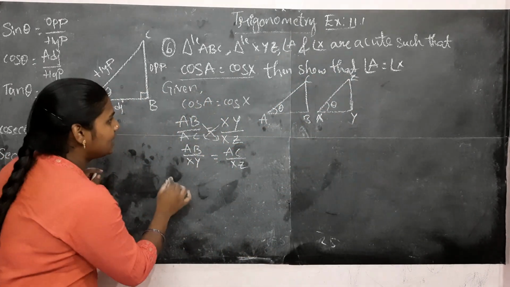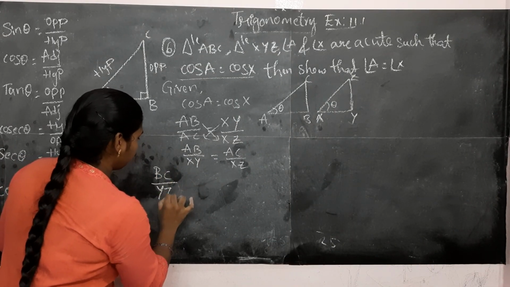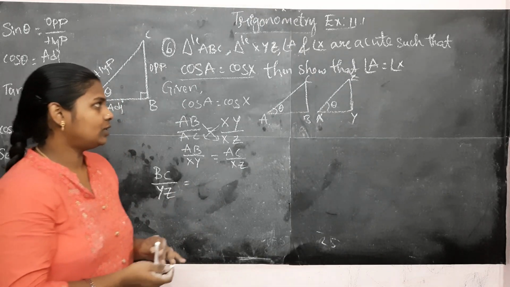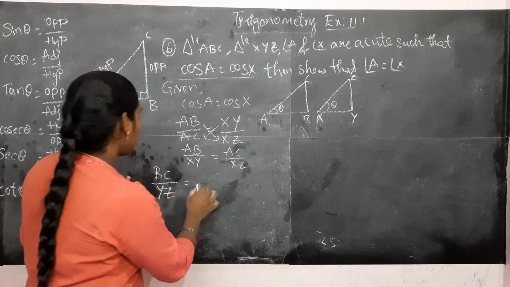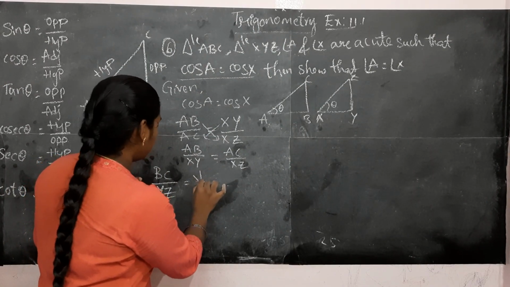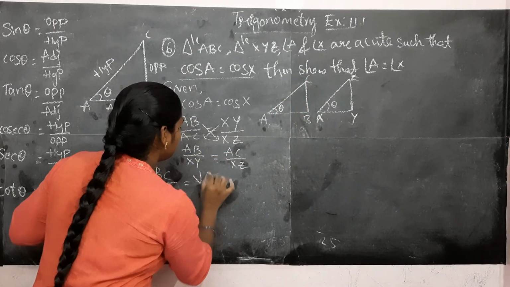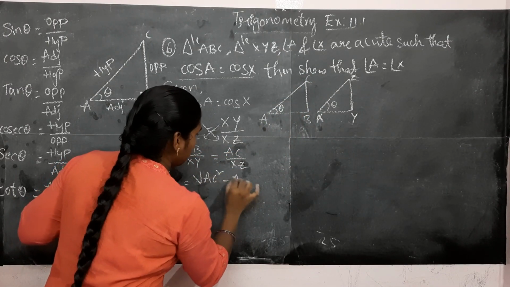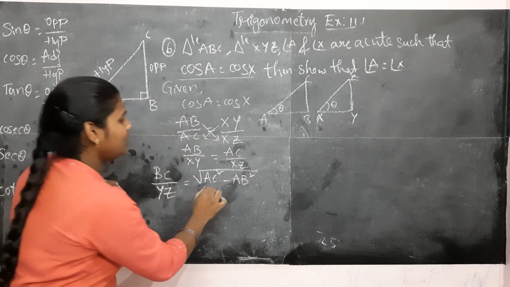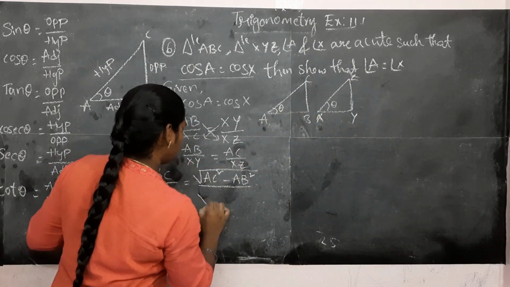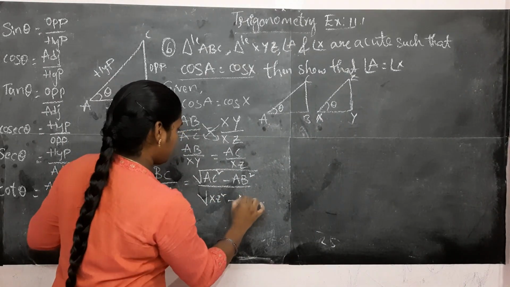According to Pythagoras theorem, BC is the square root of AC square minus AB square, and YZ is the square root of XZ square minus XY square.